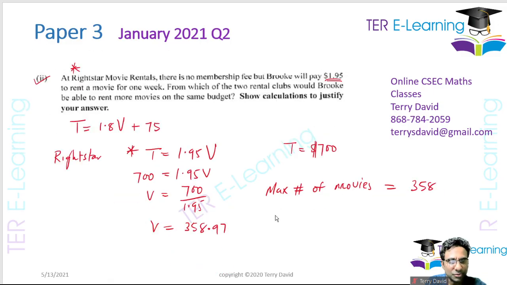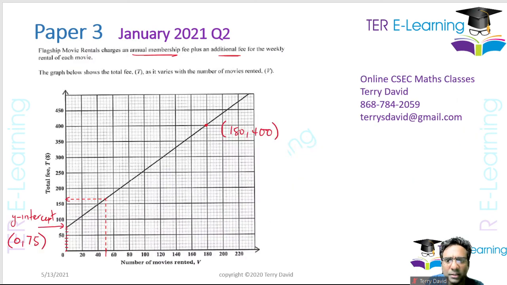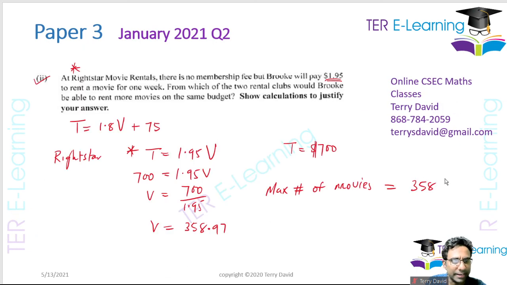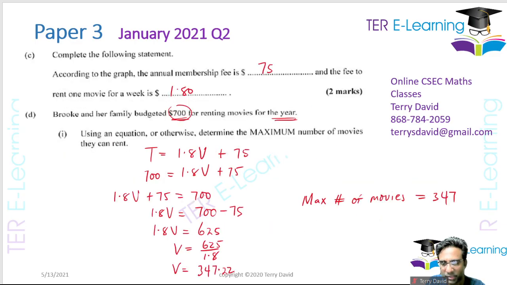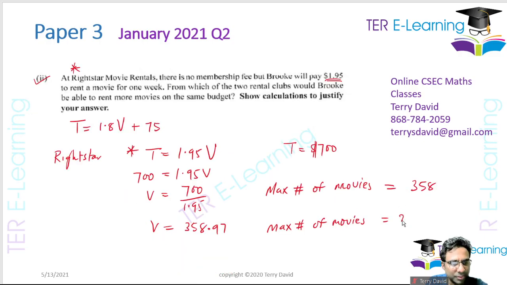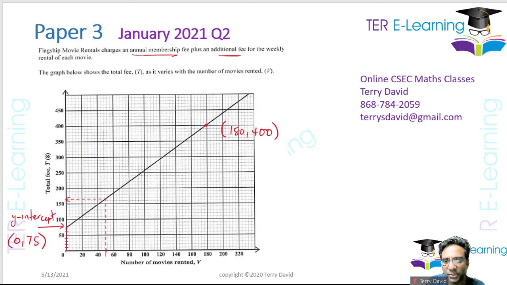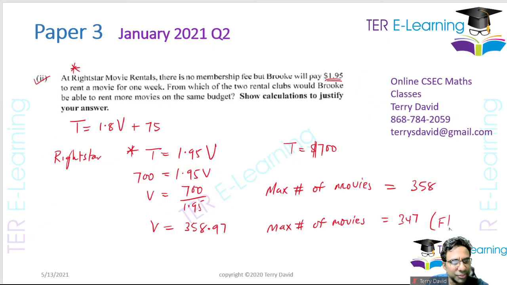What's the name of this first company? Flagship. So the max number of movies for the other one is 347. That's what we got just now, but this is for this company, which was Flagship, and this one was RightStar.